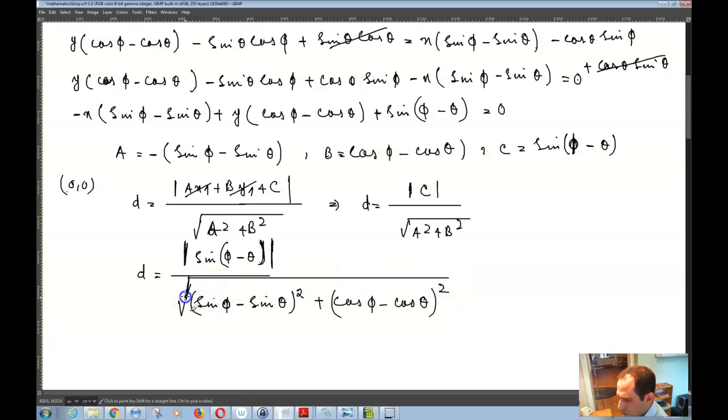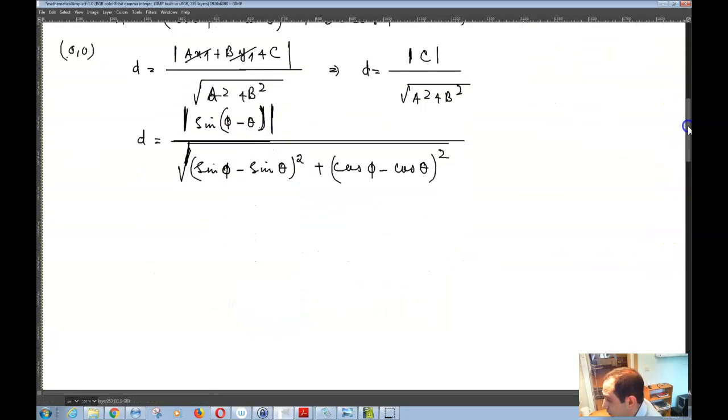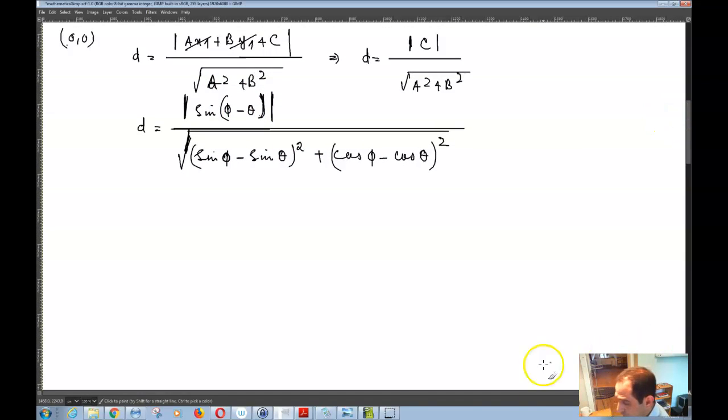So that is going to be the distance, and then we need to simplify this formula to get to the answer. And remember that you want to show that this distance is actually equal to the absolute value of sine of (phi minus theta). This is the right answer, okay?